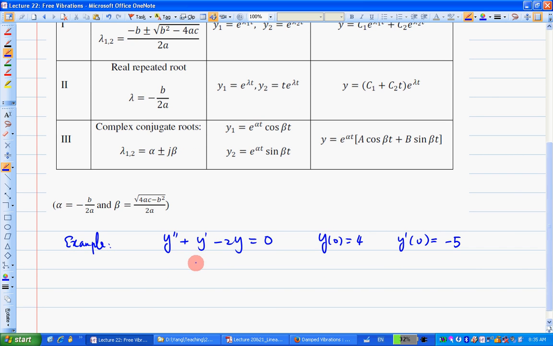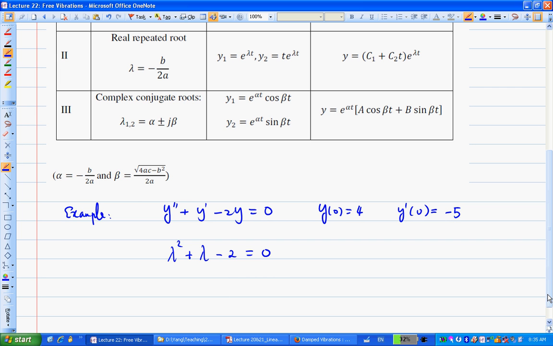So here is this equation. First step, write down the characteristic equation. Then from here on, different people have different skills.